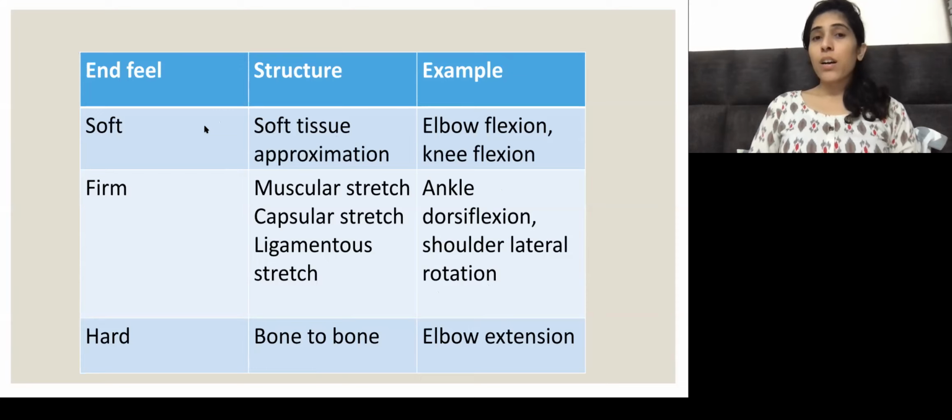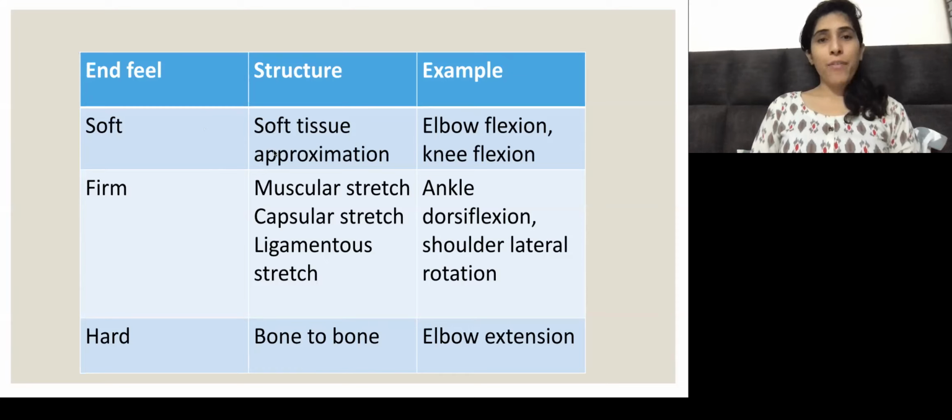Whenever we perform ankle dorsiflexion of the patient at the end range, we can feel that stretch type of feel. Whereas capsular stretch we can feel during shoulder lateral rotation. Then the third normal end feel is the bone to bone end feel, which we can get in elbow extension.